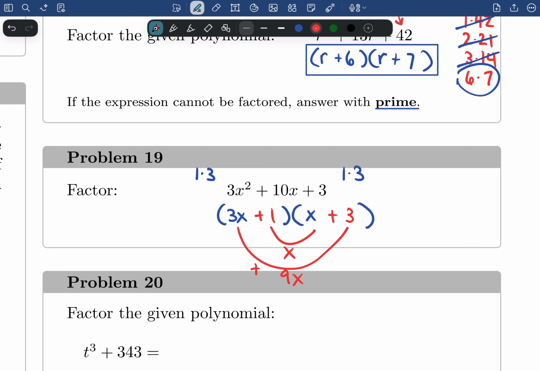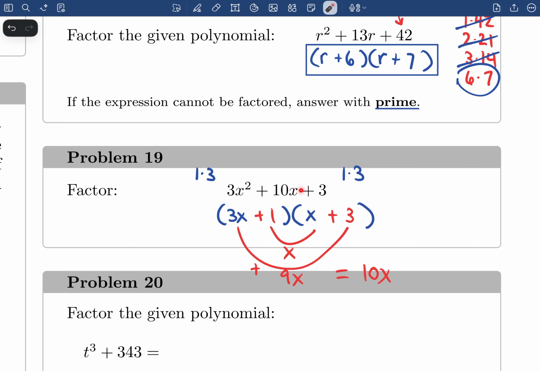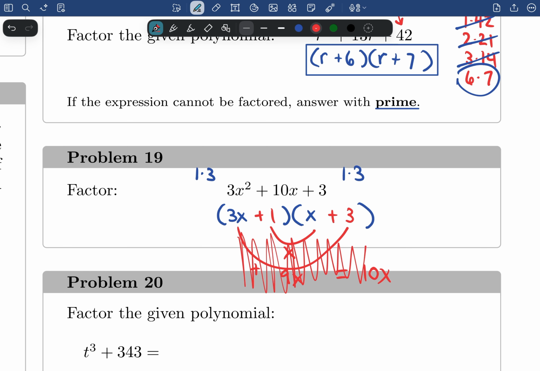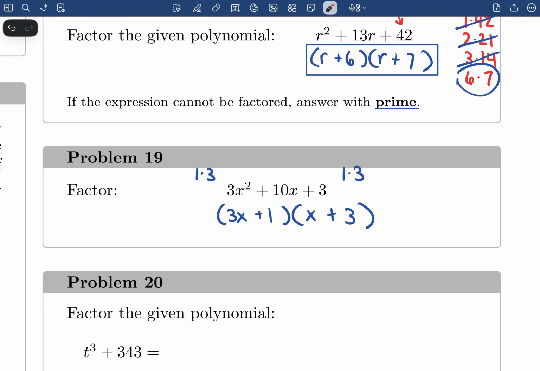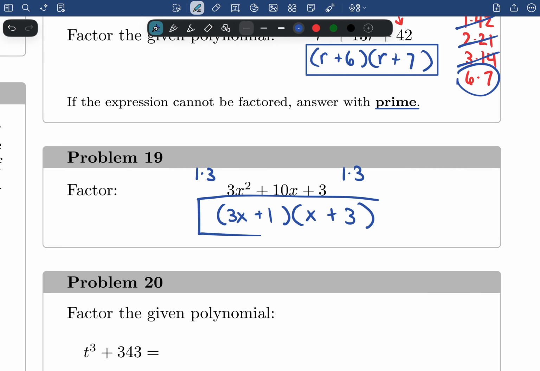And if I take 1x plus 9x, that gives me 10x, which is exactly what I wanted, a positive 10x. So now I've done it. The trial and error method is over, so I will write my final answer as plus 1 and plus 3 here and here. Okay, so final answer, 3x plus 1 times x plus 3. That's it.